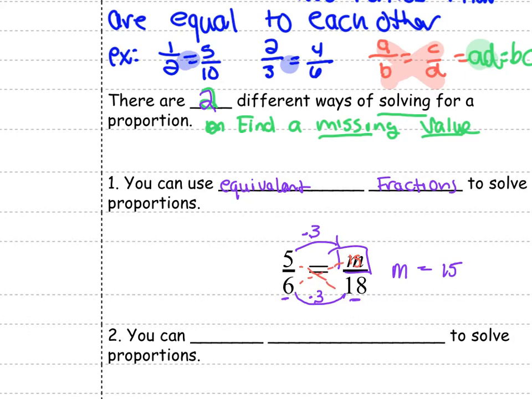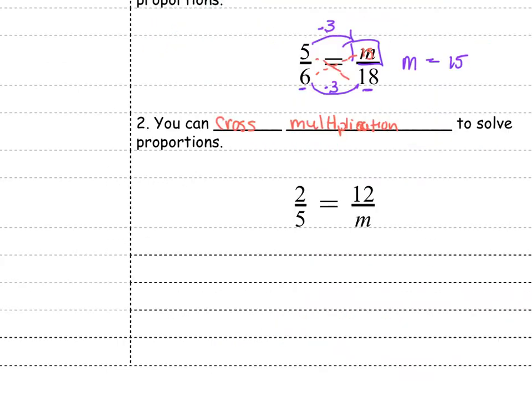The second way, so that was equivalent fractions, the second way is actually using our cross multiplication, or the butterfly method that we had talked about in the last mini unit.